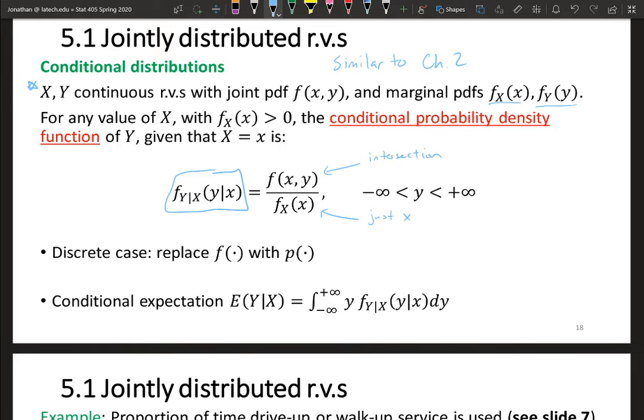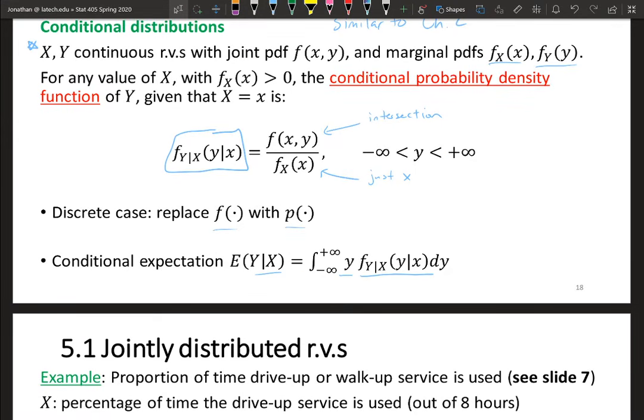F sub y given x of some value little y given some value little x is f of xy over f sub x of x. In the discrete case, you just replace the PDF with the PMF. And then the conditional expectation, you can find the expected value of y given a particular x value, where you just multiply the conditional PDF by y and integrate with respect to y.